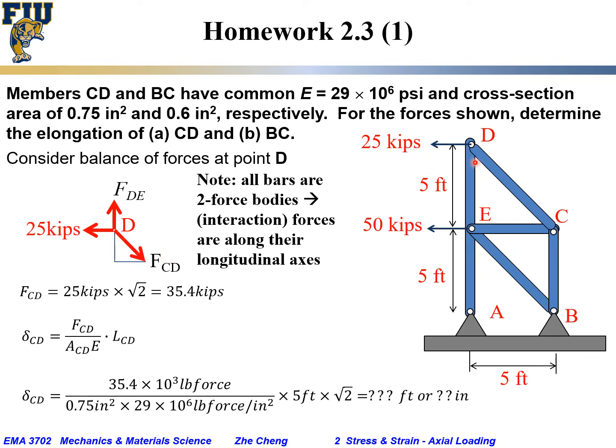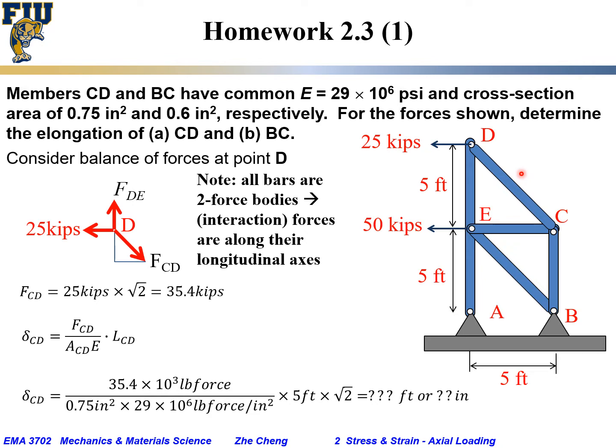Remember this is 5, so this must be 45 degree, and if this is 1, this is 1, this would be square root of 2. So 25 kips times square root of 2. That will give us the net force of FCD, 35.4 kips. And that is also the internal force within it.